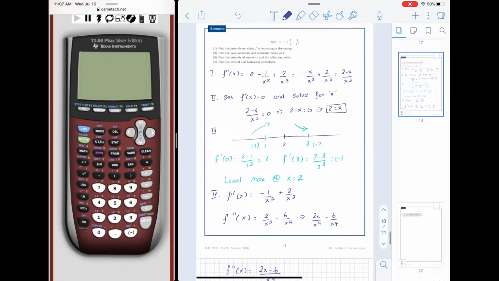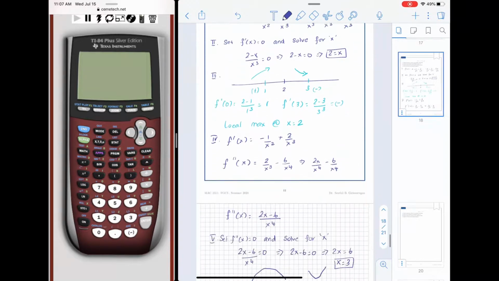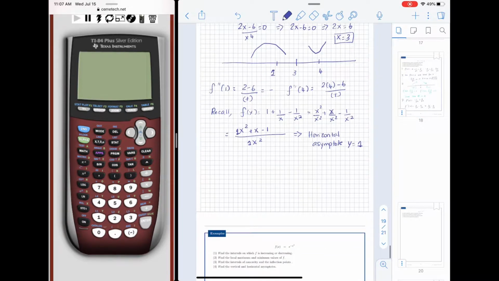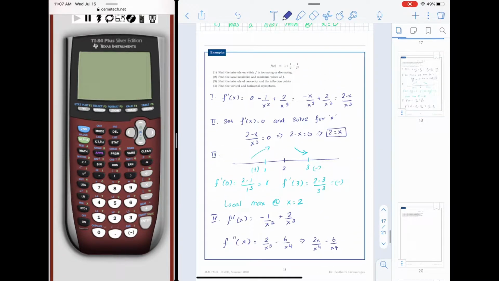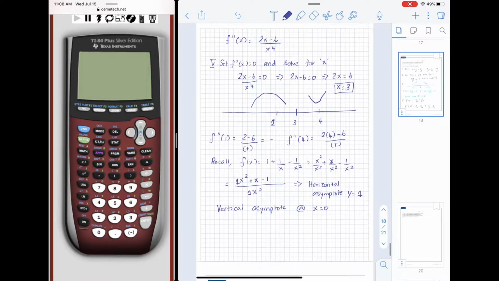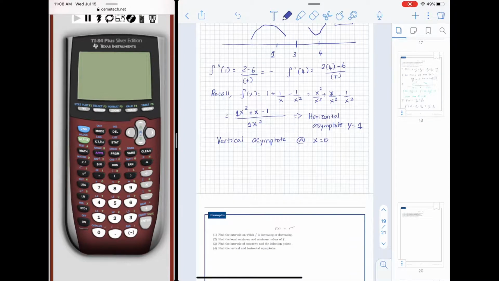And clearly we have a vertical asymptote at 0. The reason being, if I put in 0 in the function, the denominator would become 0 in 1 over x and minus 1 over x squared. So, key things to know.